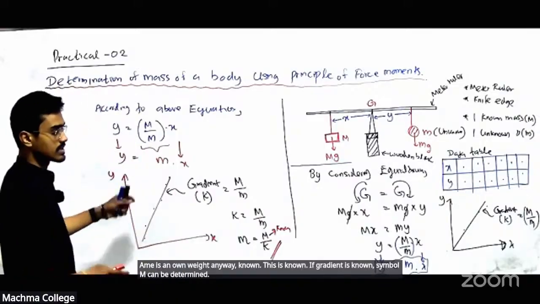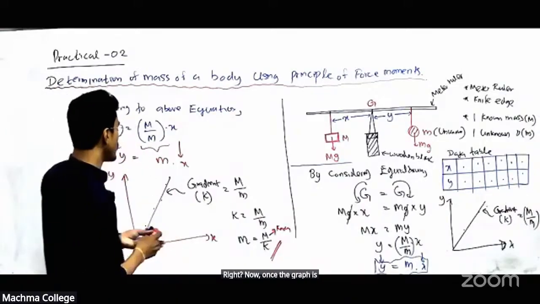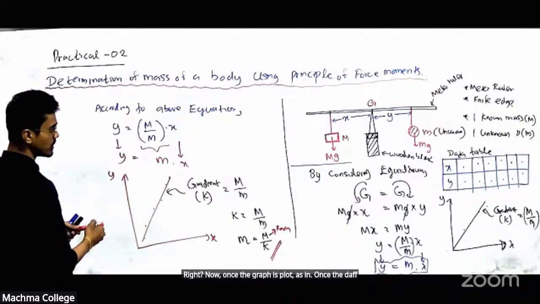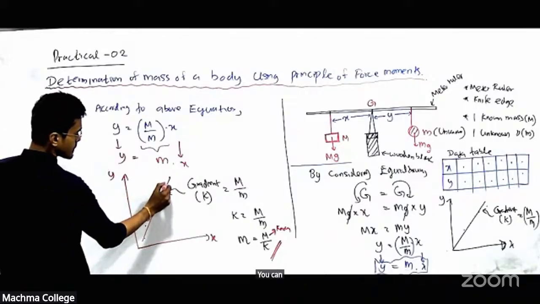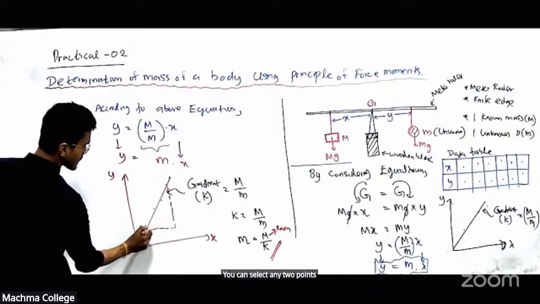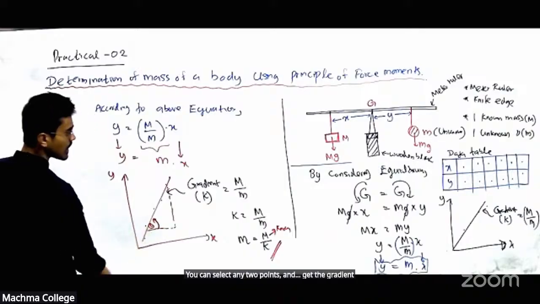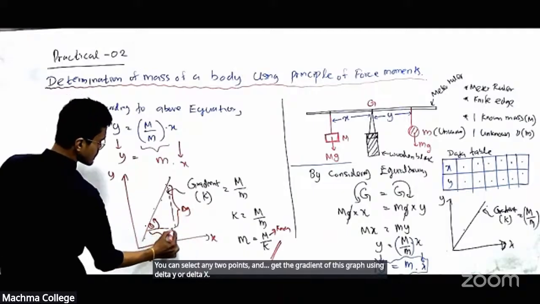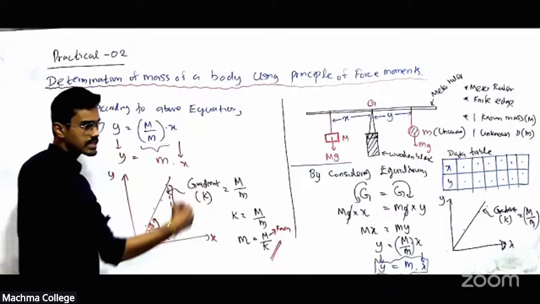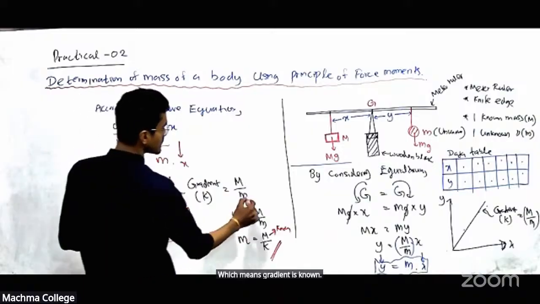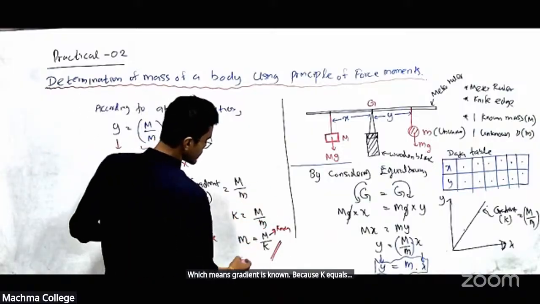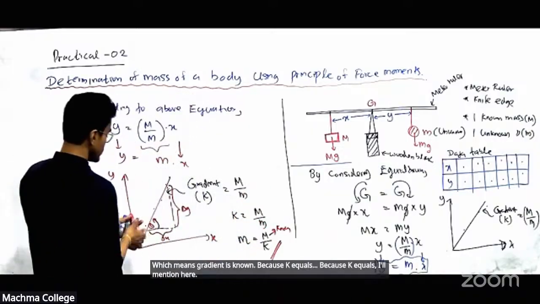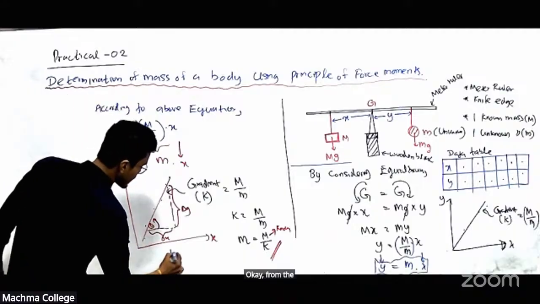Now, once the graph is plotted, you can select any 2 points and get the gradient of this graph using delta y over delta x. Which means the gradient is known, because k from the graph is a gradient.